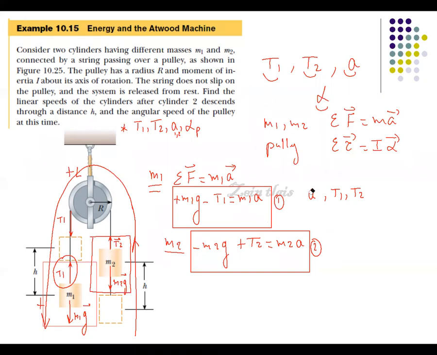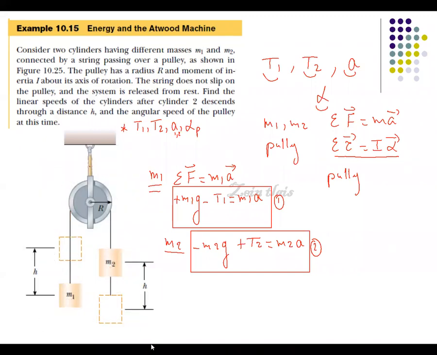We take the pulley. Summation of tau equals I times alpha. For the pulley, this is a positive direction.